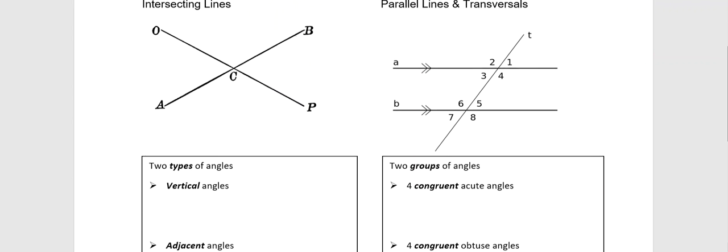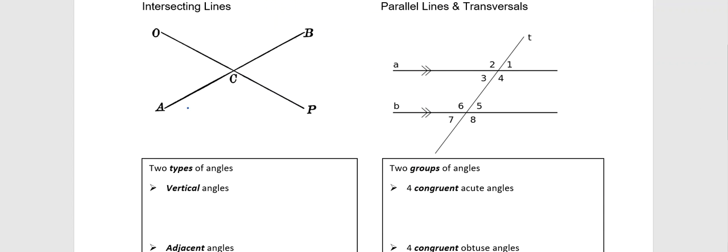Okay? That being said, I want to move on to within geometry, the two types of situations that we typically come up with. We come up with intersecting lines. You can see here there is one line known as line AB and another line known as line OP, and they intersect right there at point C. Now, in this diagram, there are essentially four angles being represented.